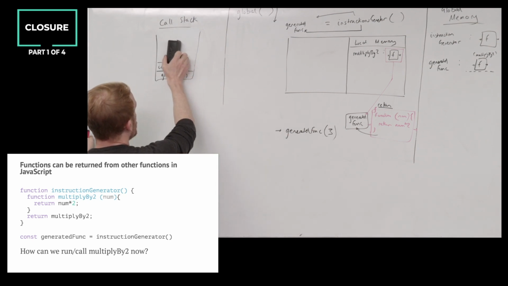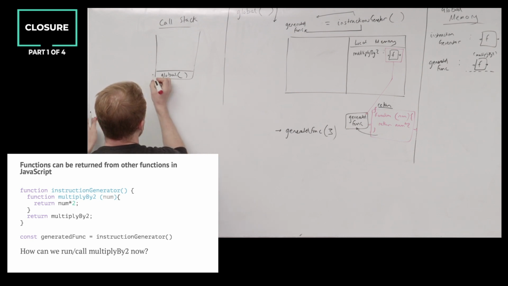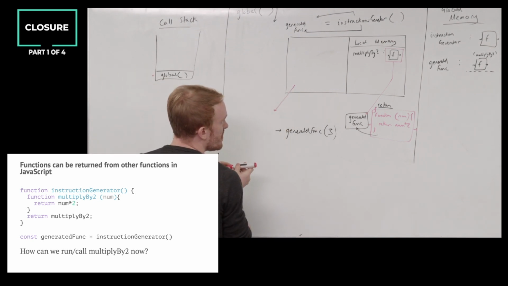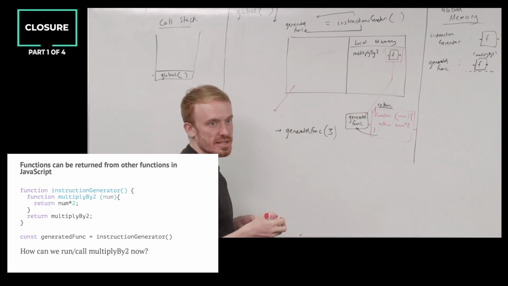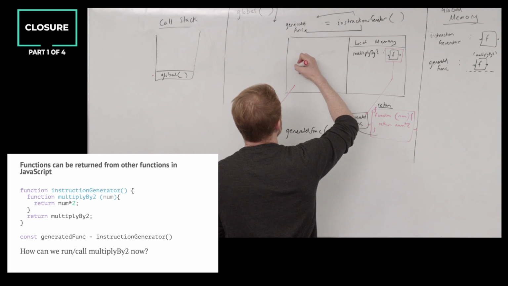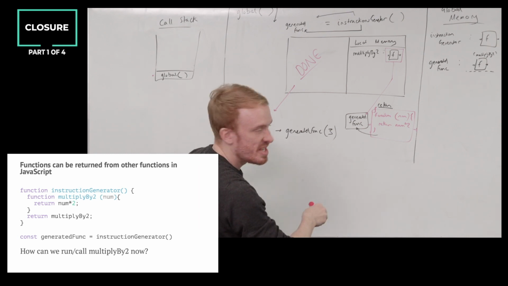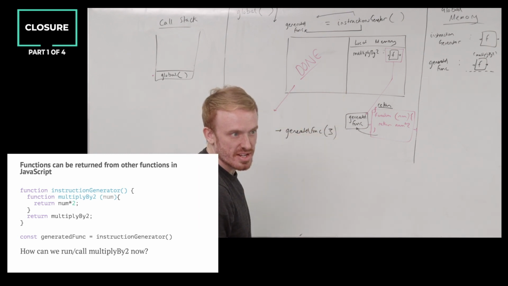We knew that because when we got rid of instructionGenerator, what was on top? Global. And what happened to our execution context? It was done. Gone, cleared, finished. And the only thing that stuck around was the function we returned out.